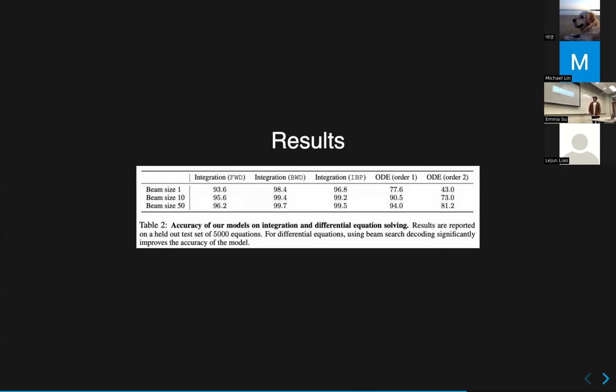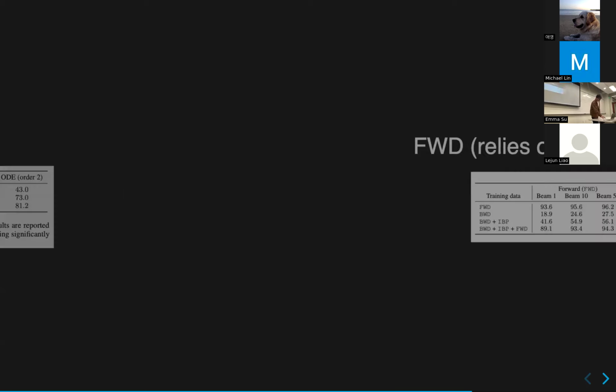Okay, so here are the results. Wow, it's really small. But basically we see that it's successful for a model trained on various combinations of each data set. It's generally successful across all 5 of these train and test sets. It performs the worst for ordinary differential equations with degree 2, but it seems like this works pretty well.